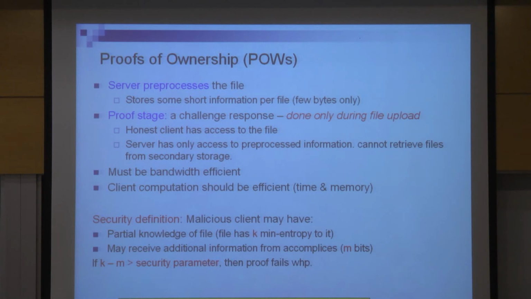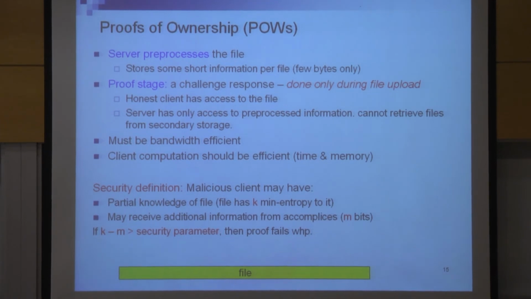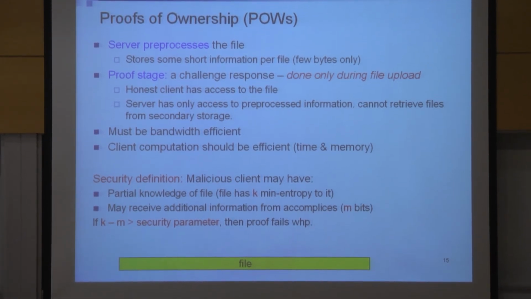Suppose the file has some inherent knowledge about its structure which is known. So there's partial knowledge of the file, like the header or stuff like that. The way to formalize it is saying there's some unknown portion of it, there's entropy to the file. So there's prior knowledge, and there's at least k min-entropy to this file.